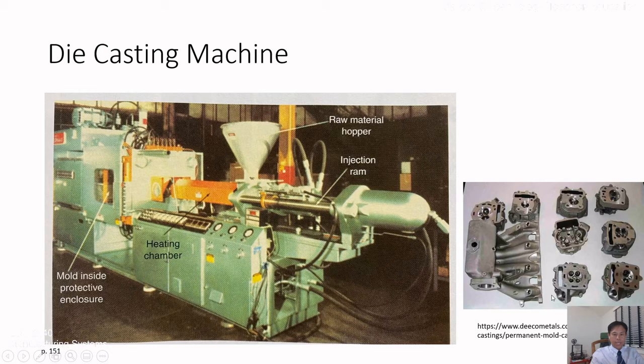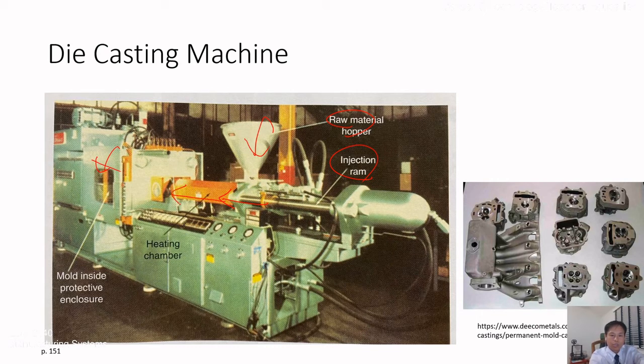So it's the same. Raw material goes in the hopper, we pour plastic or metal inside. This example is plastic compounds. The injection ram, that is the plunger, pours the compounded material into the die. The mold die is inside here.